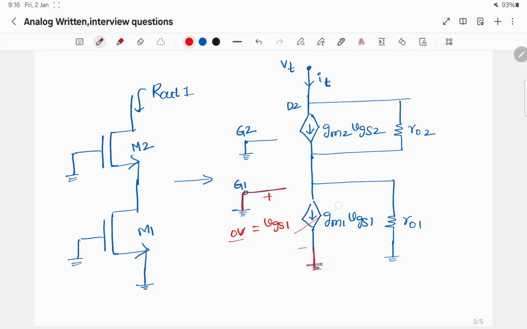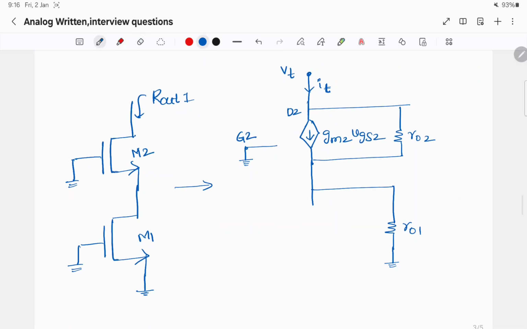So this goes to 0 and I can simply remove this. So nothing is there, it is like a resistor ro1. Now to find the output resistance, Rout is given by VT by IT. I have to find the relation between VT and IT.